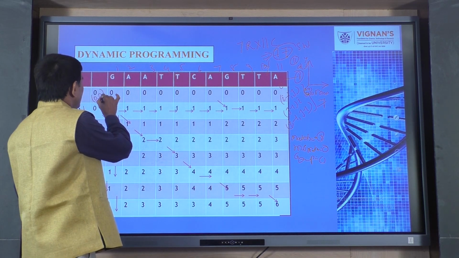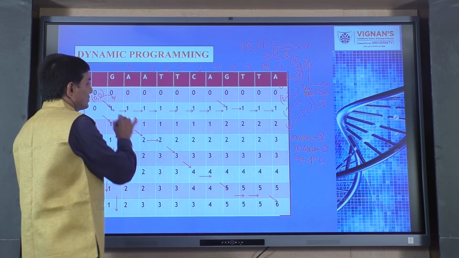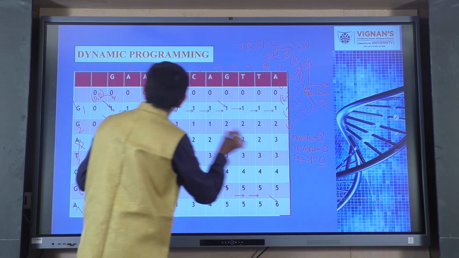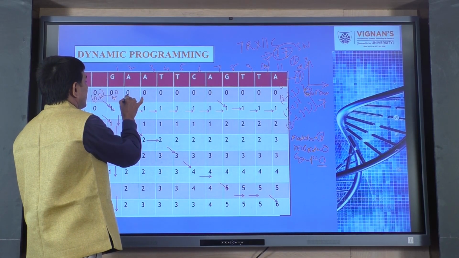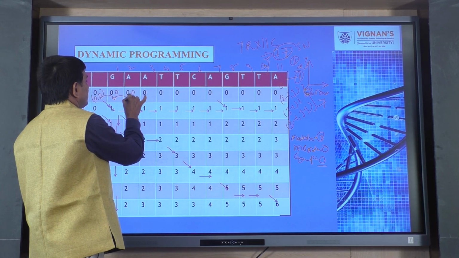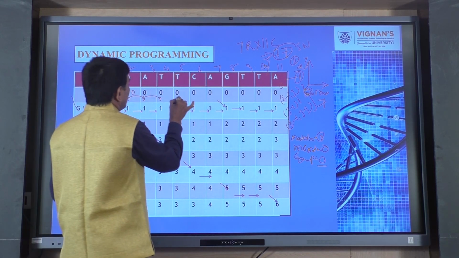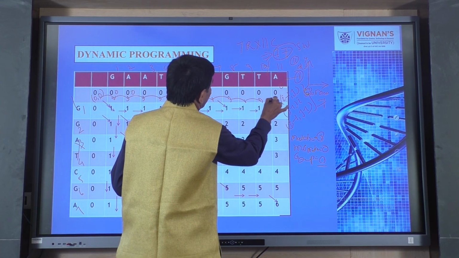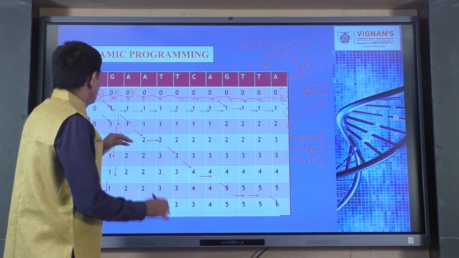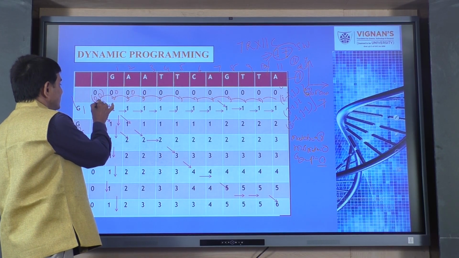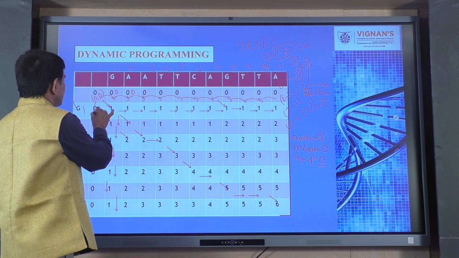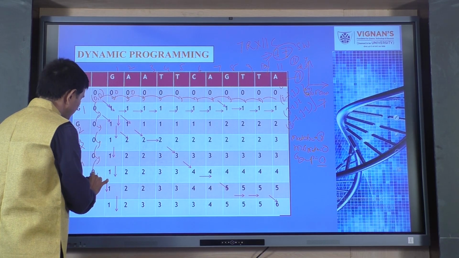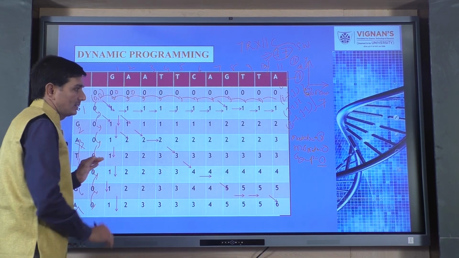So, as you move one step ahead, one gap is created. The value assigned for gap was 0. So, it is 0, again second gap, third gap, 4, 5, 6, 7, 8, 9, 10, right. Similarly, along x axis, one gap, 2, 3, 4, 5, 6, 7.